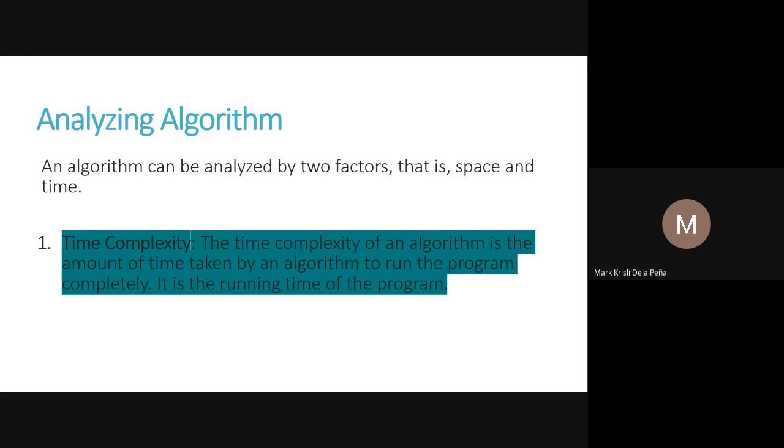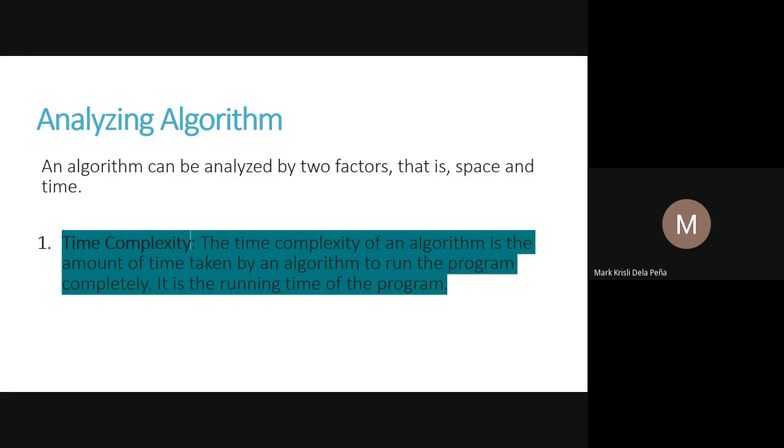The time complexity of the algorithm depends on the input size. When we say input size, for example, if you have a loop that counts from 1 to 10, then the input size is 10.